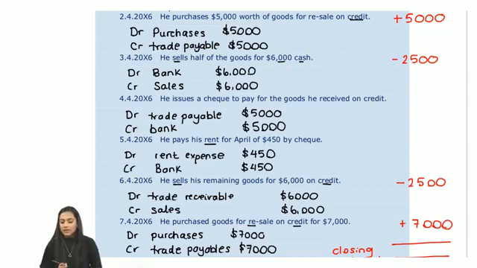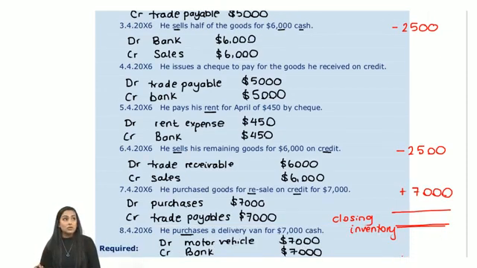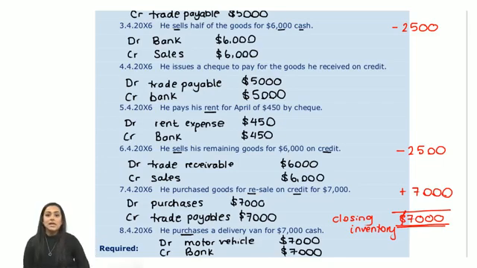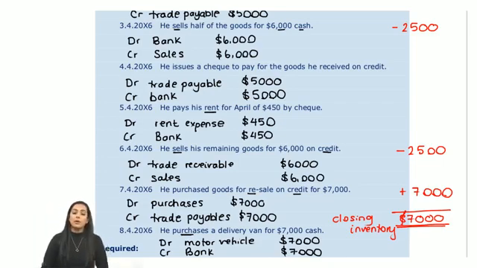What is the value of the goods left unsold at the year end? 5,000, take away 2,500, take away 2,500, add 7,000 is $7,000. So George's closing inventory is $7,000, and closing inventory is important because it's a part of cost of sales and a part of current assets.